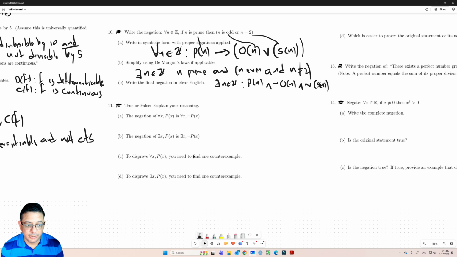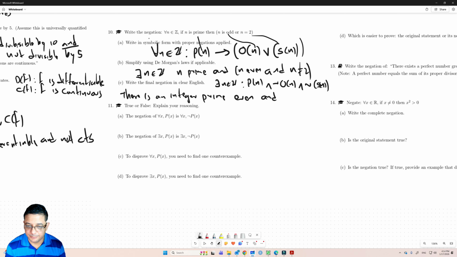And so the final negation in English for this is there's an integer that is prime, even, and different from 2. Which is a false statement, by the way, but still.